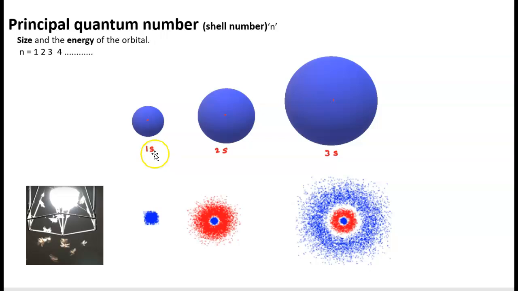So in the first energy level, which is closest to the nucleus, the orbital size is smaller, and as we move farther from the nucleus, or as n increases from 1 to 2 to 3, the size of the orbital also increases. This is the animated picture, and this is the real picture of the electron cloud present in the 1s, 2s and 3s orbitals.